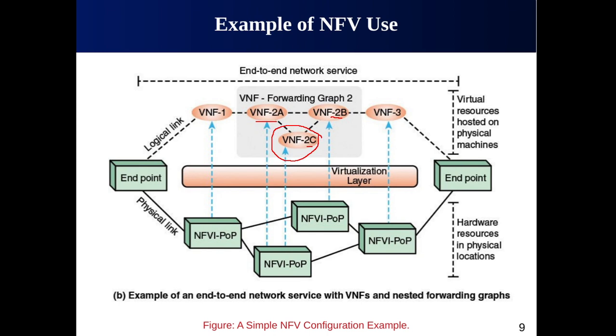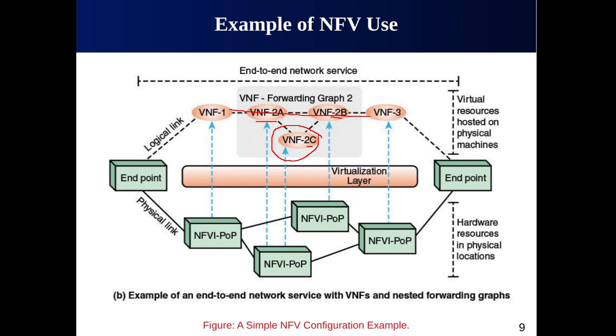For example, this node is providing some policies related to traffic flows, and that could be performed at this VNF2C. So some flows would be routed through this 2C, while others could bypass this network function and follow another route. So different functionalities can be provided at different VNF nodes.